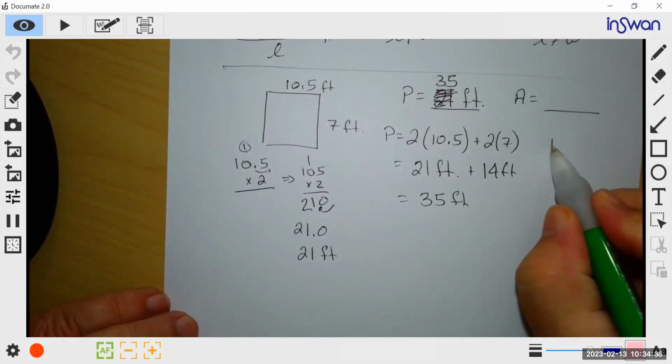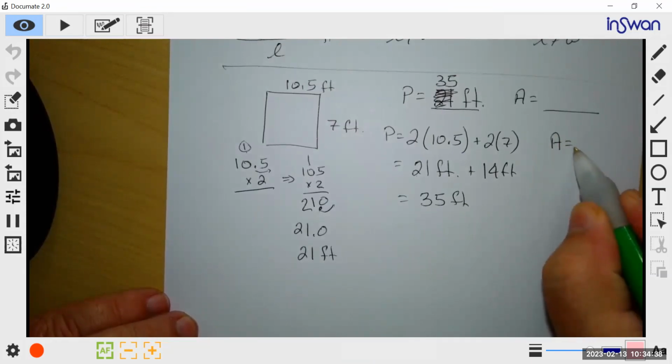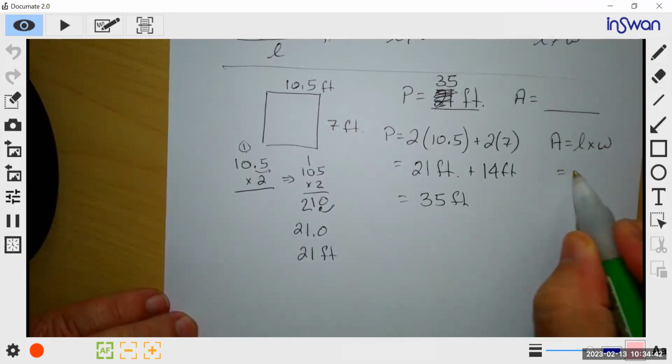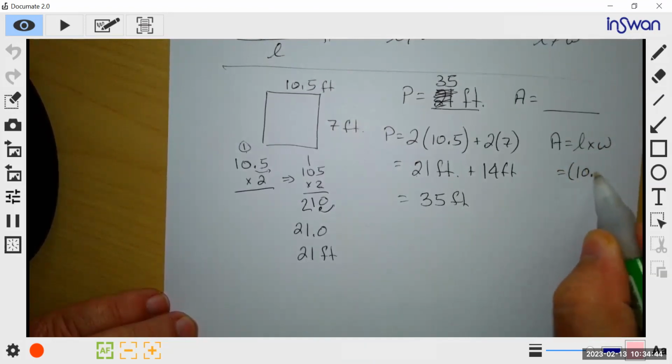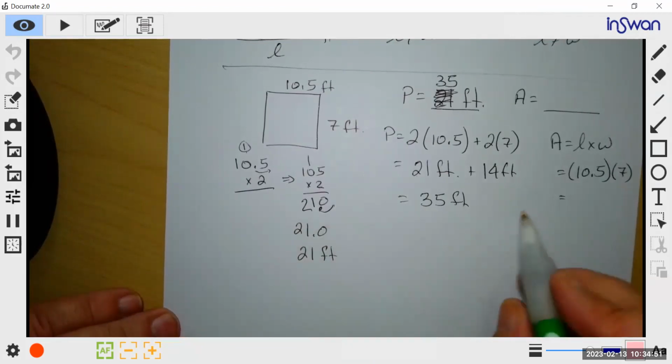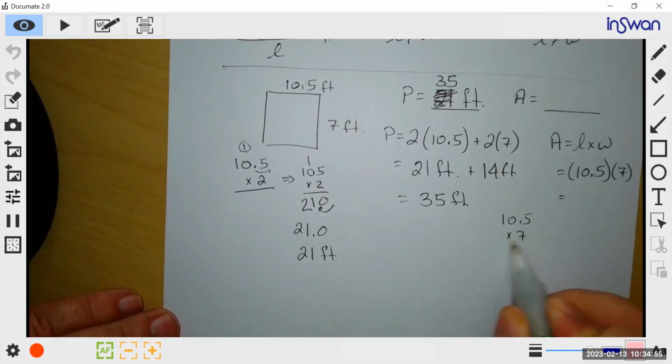Now the area is the length times the width. So it's 10.5 times 7.